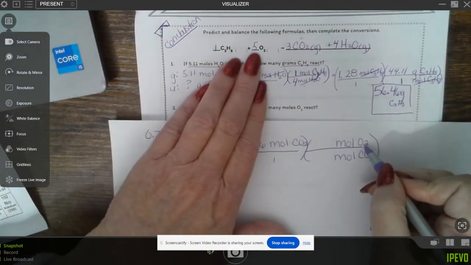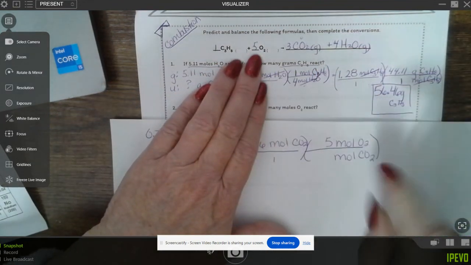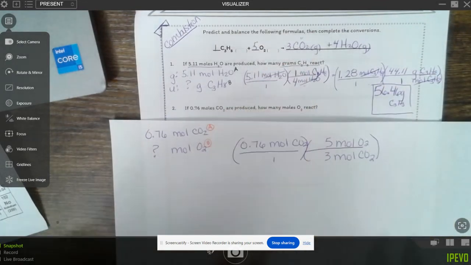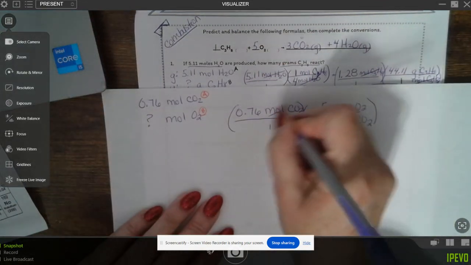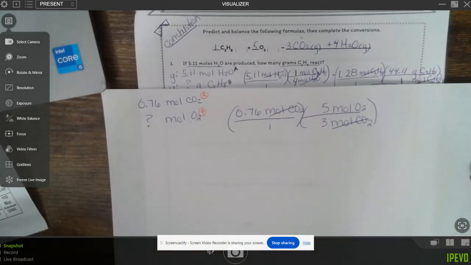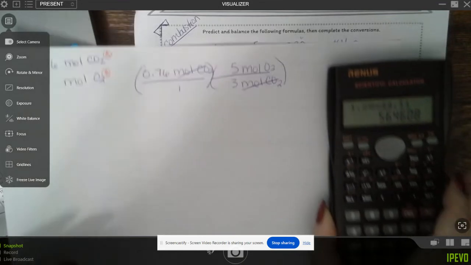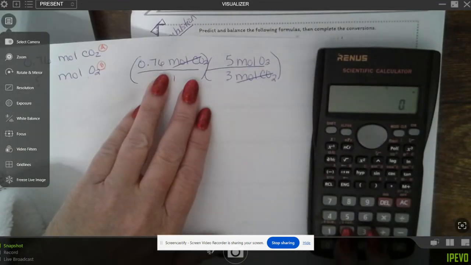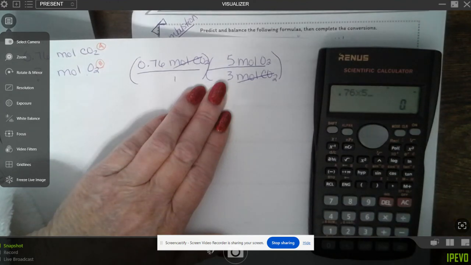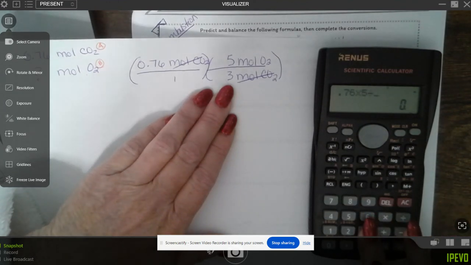Okay. Then we get our numbers from our balanced chemical equation. So moles of O2 is 5. Moles of CO2 is 3. Our moles of CO2 will cancel out. We'll end up with moles of O2, which is what we're looking for. All right, so we do 0.76 times 5 divided by 3.